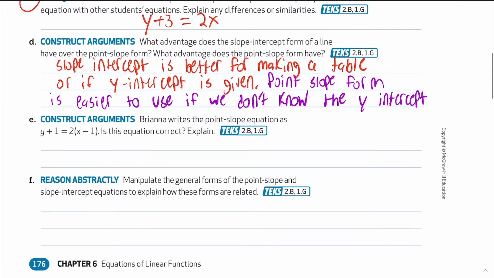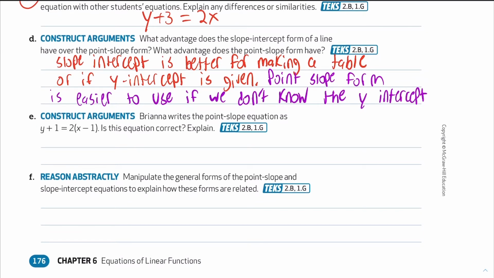Another person wrote the equation as y plus 1 equals 2x minus 1. Okay, so the slope, that's right. Now we just need to check if this point, the x and the y, are the right numbers. Whenever we put them into this point slope form, we change the sign.